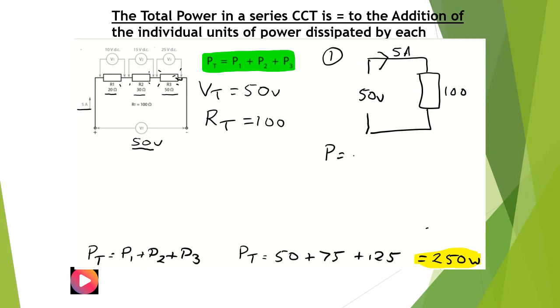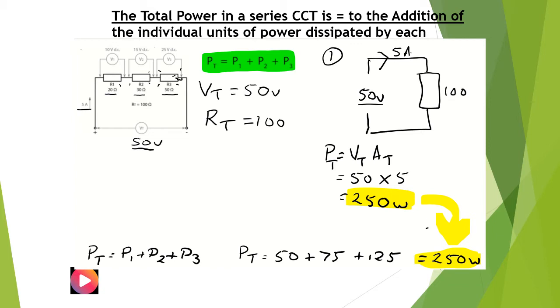Now, power is equal to volts total times amps total. The total voltage is 50 volts multiplied by the total current, 5. 5 fives are 25, add a 0, 250 watts. That answer is the same as the previous answer.